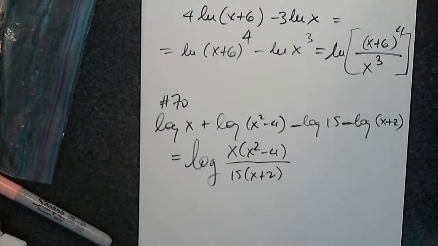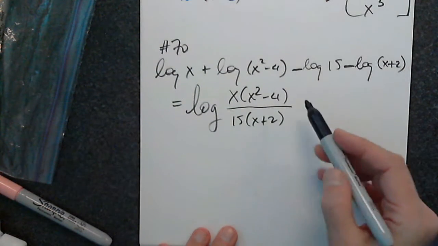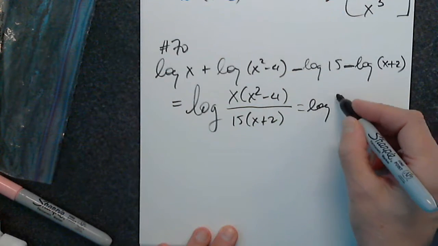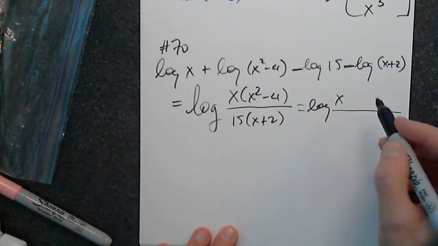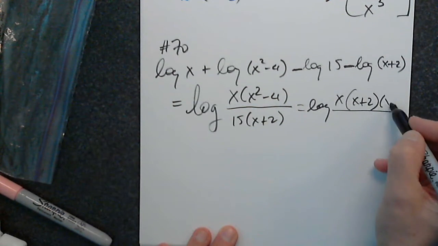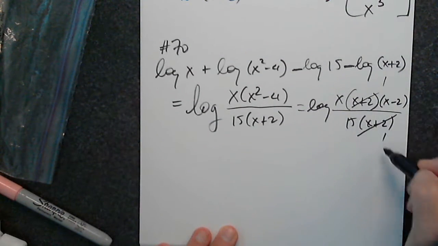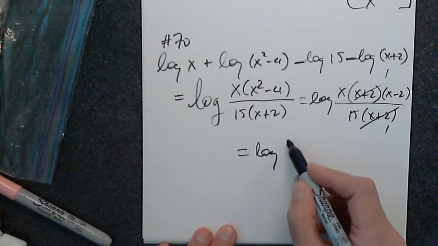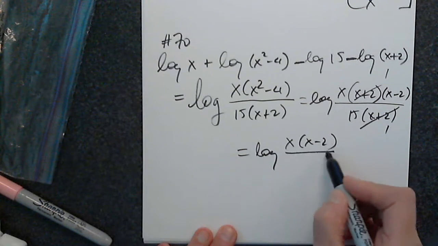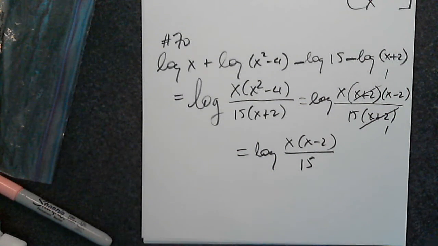And we do have one step to simplify this because the numerator factors into, very good, x plus 2, x minus 2, and 15, x plus 2, and we simplify these two. And the simplified form is x minus 2 over 15.